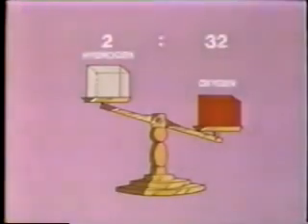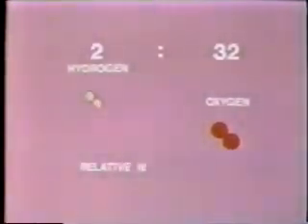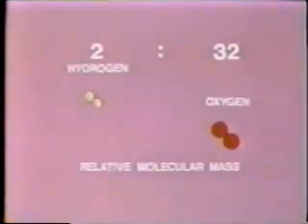This allows us to compare the mass of gas volumes and so compare the mass of single molecules. That is relative molecular mass.